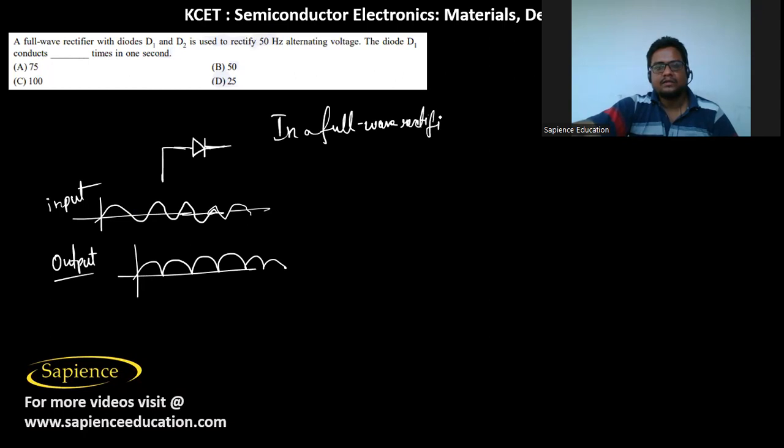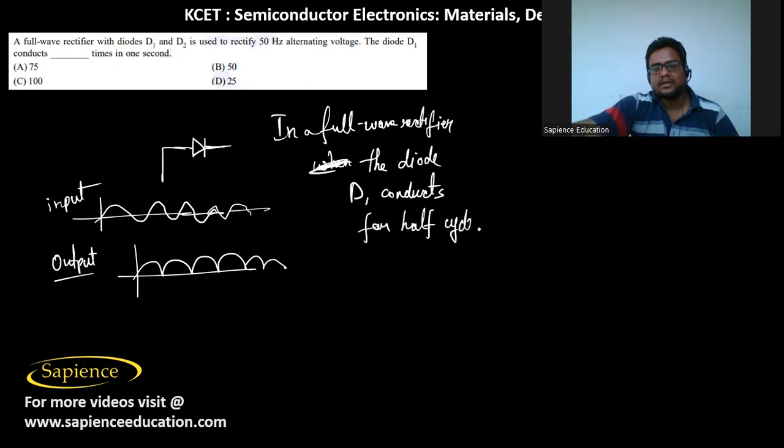So in a full wave rectifier, the diode D1 conducts for half of the cycle, and the diode D2 conducts for the remaining half of the cycle.